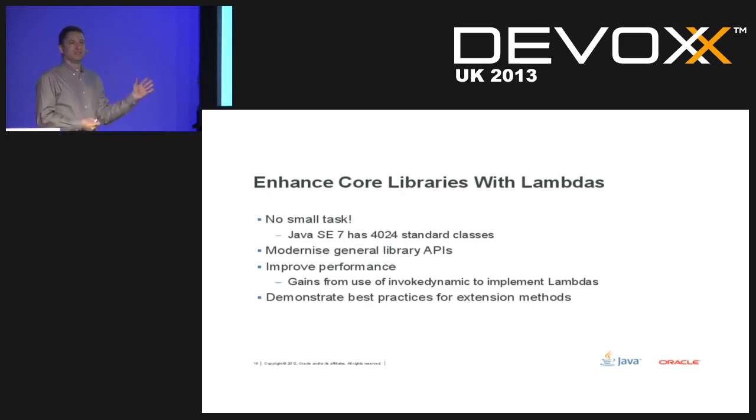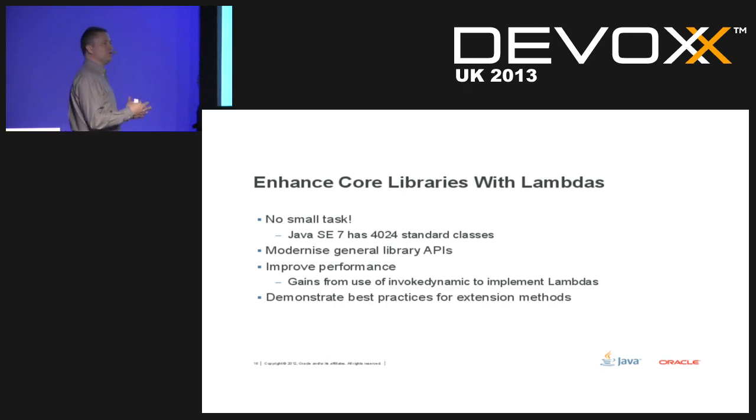It is no small task, because if you look at Java SE 7, there's just over 4,000 classes in the core libraries. That's obviously very good for us, because it means there's lots of APIs to choose from. But it also means for us, as the people implementing Lambda expressions in all of these, it's a lot of work.